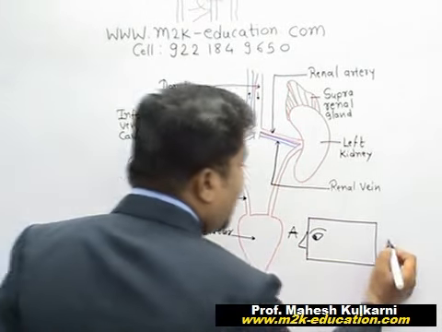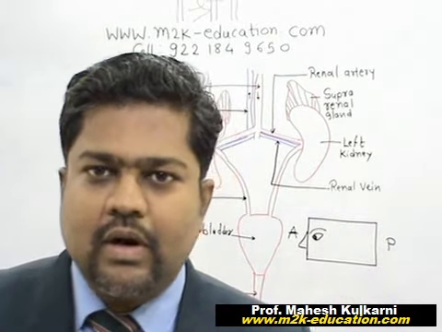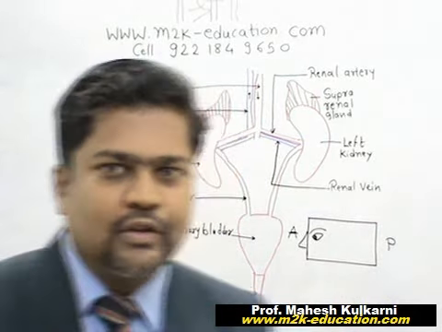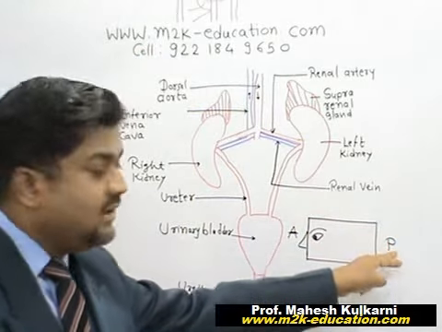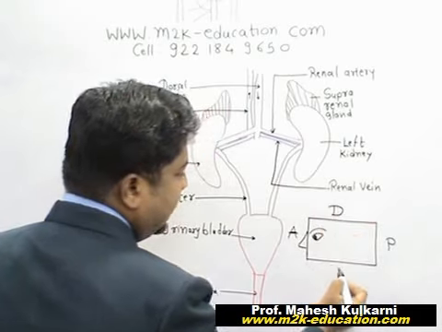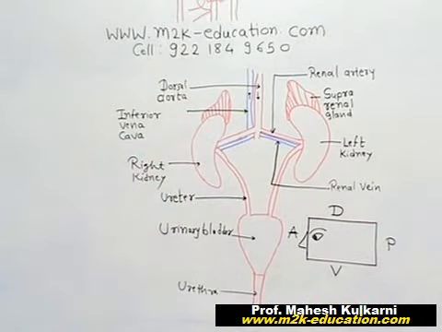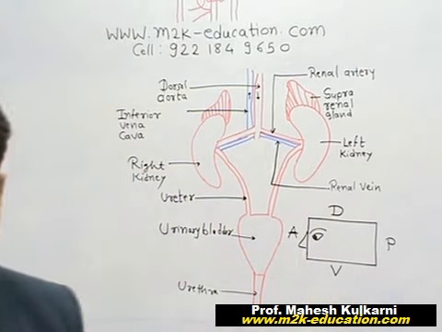But this is not called the rear side. Actually this should be called the rear side, but this is called the posterior side. So anterior side, posterior side. This side is called the dorsal side, and this side is called the ventral side. So these concepts are there about the sides: dorsal, ventral, anterior and posterior.